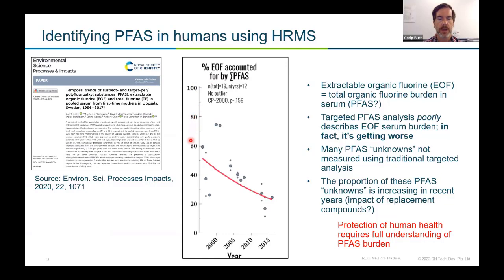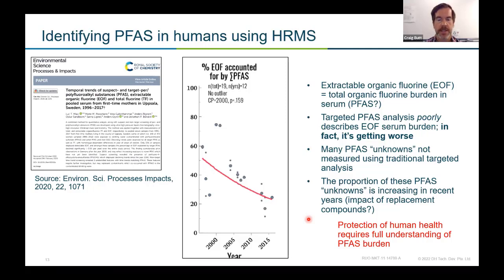What the graph is showing is the percent of compounds that we can identify as compared to the total potential that's in there. And what you can see is that it's declining with time. So what it's saying is that we're doing a worse and worse job at identifying which specific PFAS may be in human blood.